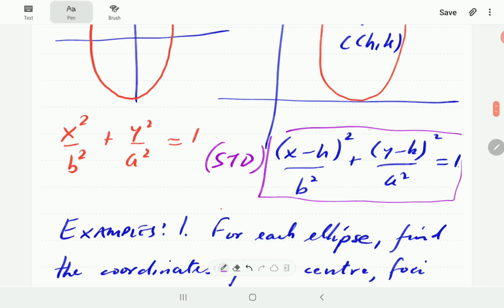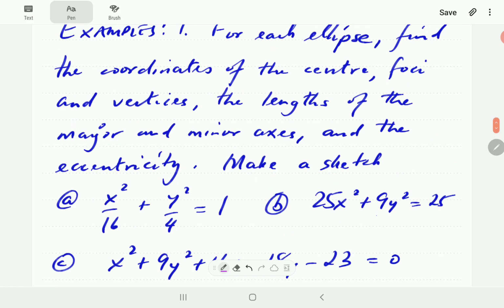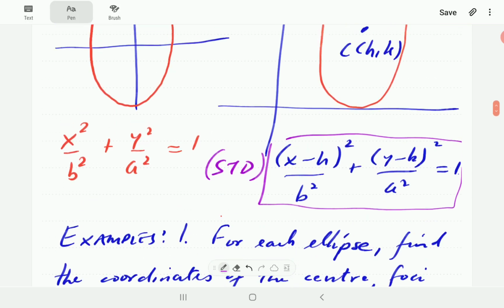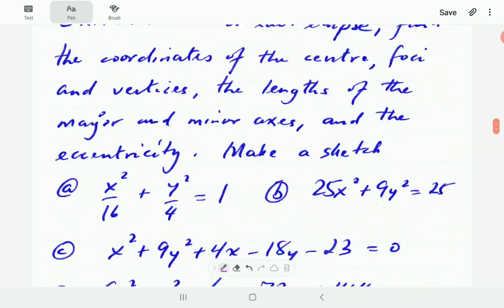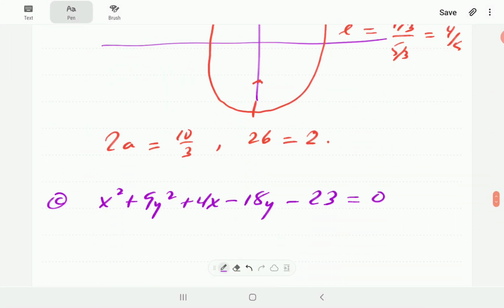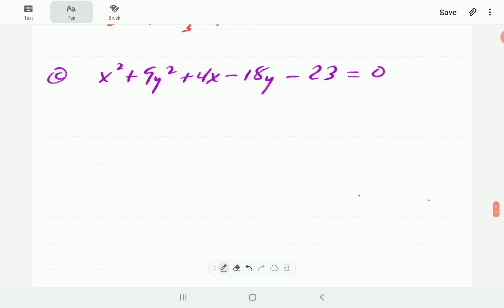Okay, so again, like I said, to do that we complete the square. So that's what we're going to do. First we collect the x terms together and we bring the y terms together.